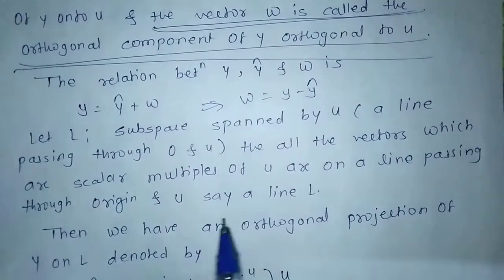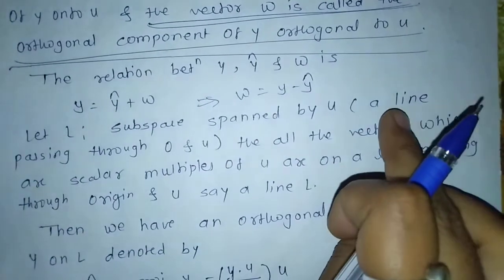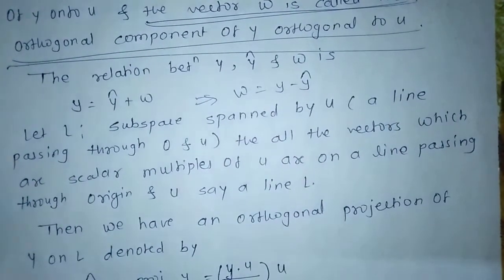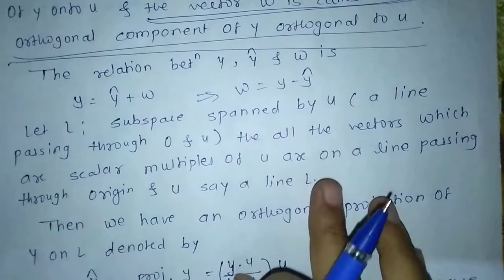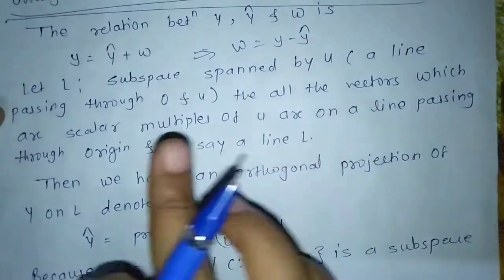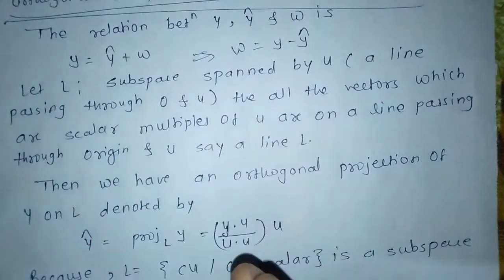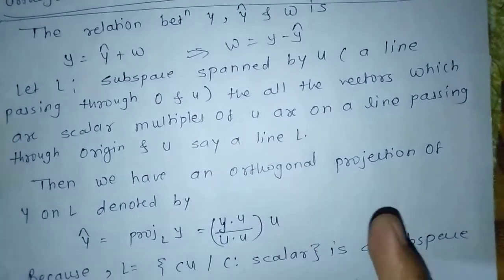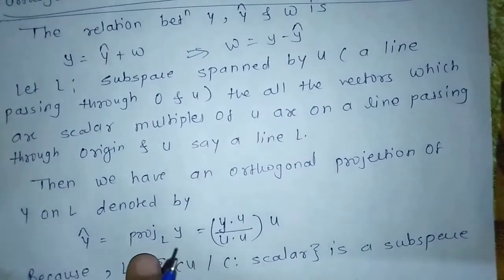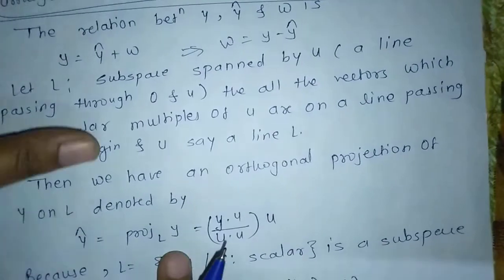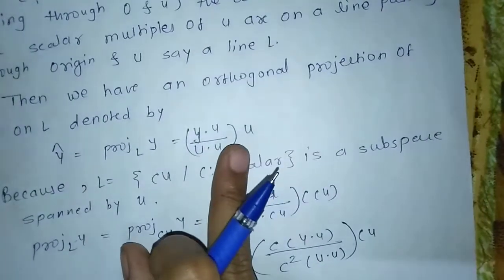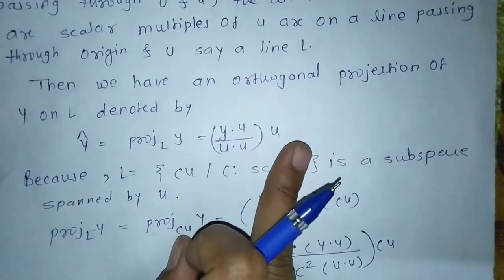Let L be the subspace spanned by u, meaning a line passing through 0 and u. All the vectors which are scalar multiples of u lie on a line passing through the origin, and we say this is a line L. Then the orthogonal projection of y on L, denoted by y cap, is equal to the projection of y on L, which is y dot u upon u dot u into u.